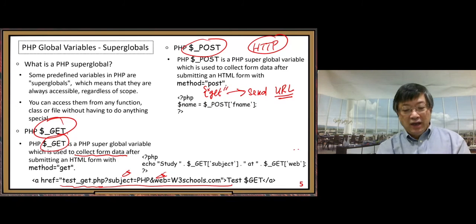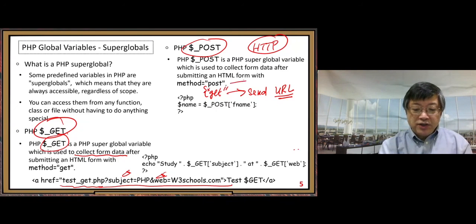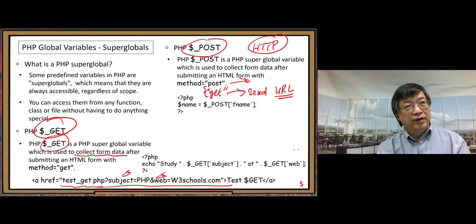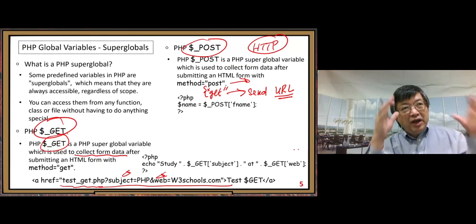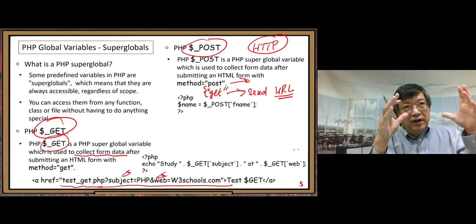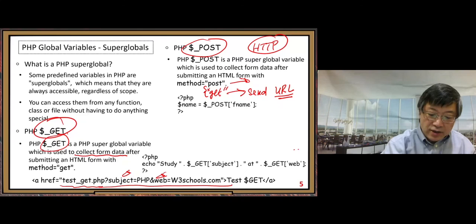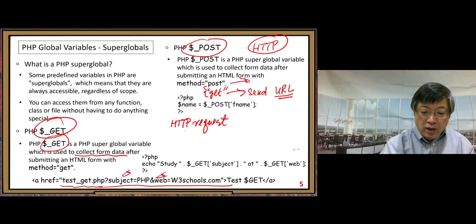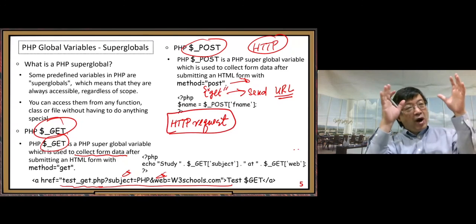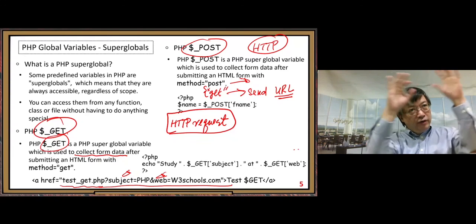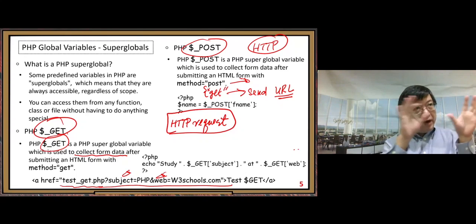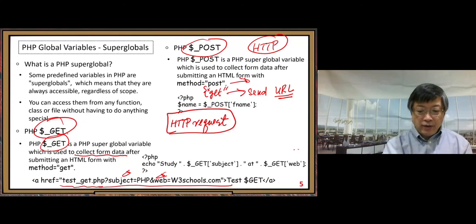And the post sends the data not through the URL, but through the internal body of the HTTP request. Because we talk about HTTP request, you need to follow the HTTP protocol, follow the format. What is the format for an HTTP request?